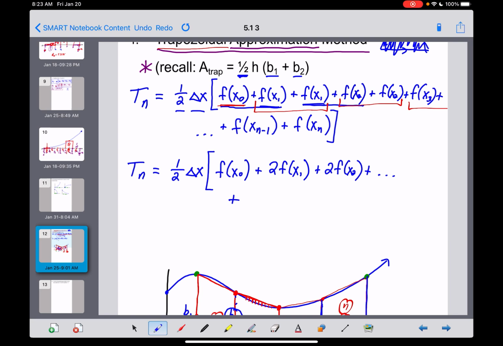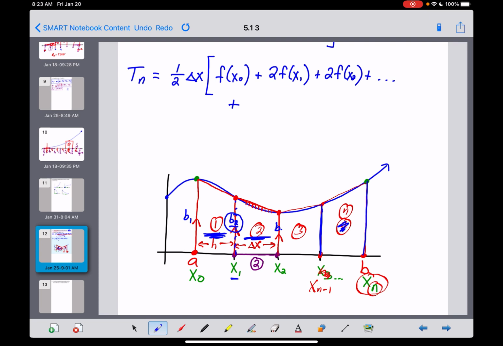The last term that's going to get a 2 in front of it is not this height over here on the right, but it's this one right here, the one prior to the last, the penultimate. That'll be the last one with a coefficient of 2. So it'll be plus 2 times f of x sub n minus 1. And then the very rightmost point only gets used once. So that'll be f of x sub n, and that'll close that off.